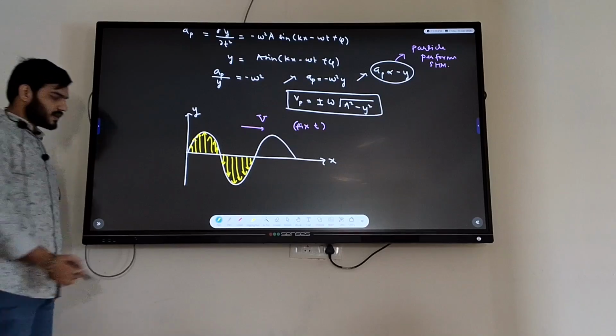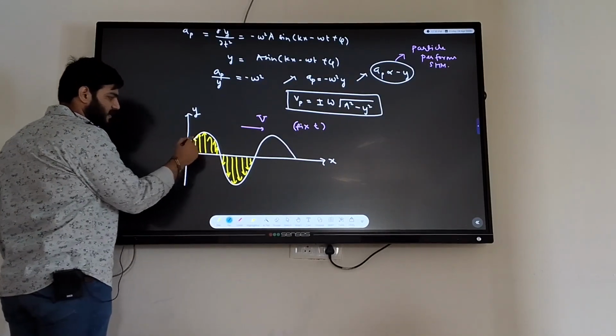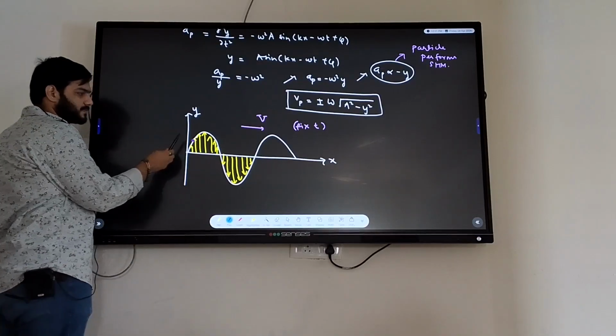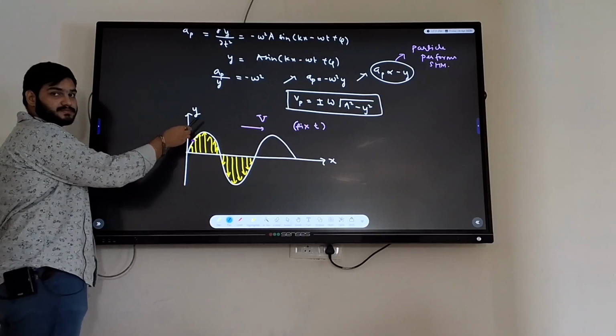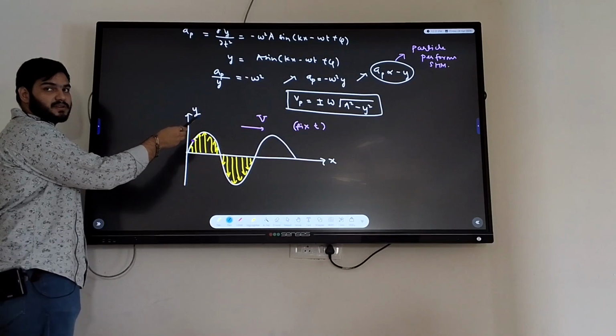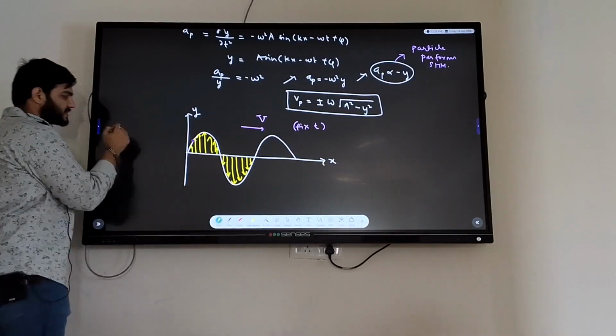Now I am asking you, can you tell me at this point, what should be the direction of particle velocity? Upwards? Can you tell me the slope of the y versus x graph, is it positive or negative? It's positive at this point. What was the velocity expression?